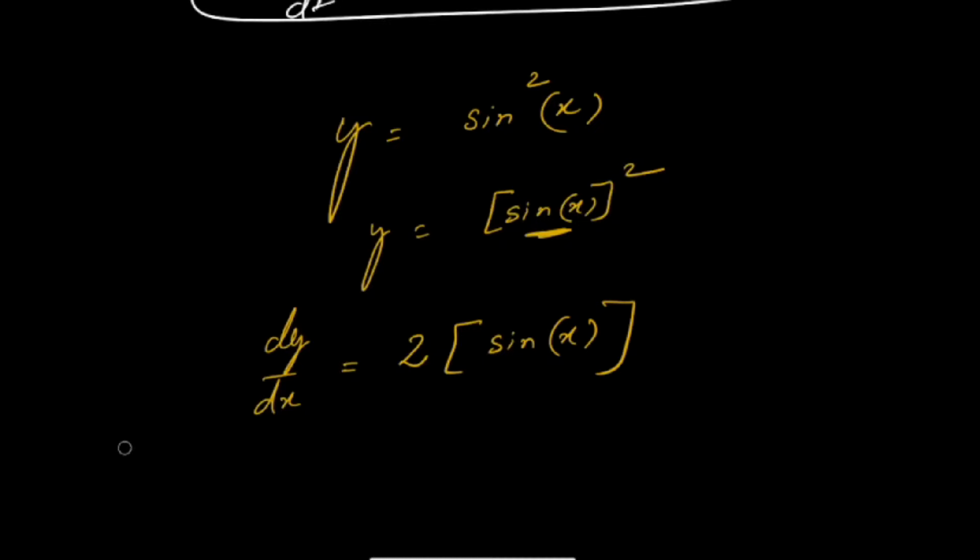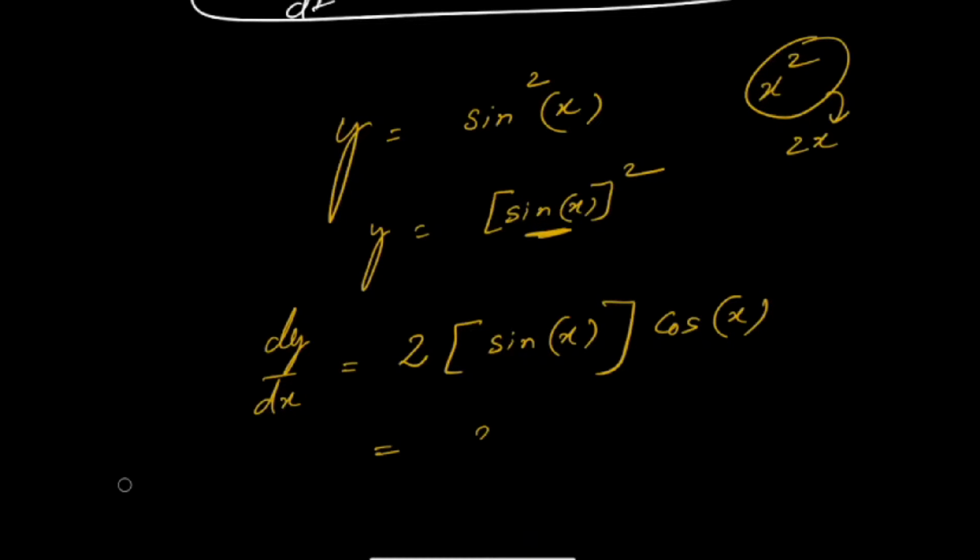Now by chain rule, what do you do in place of x? If this was x squared, you would have written 2x, right? But in place of x, you have sine x. So you have written 2 into whatever was there in place of x, in this case sine x, into the derivative of whatever thing you assume in place of x. It is sine x, so the derivative of sine x is cos x.